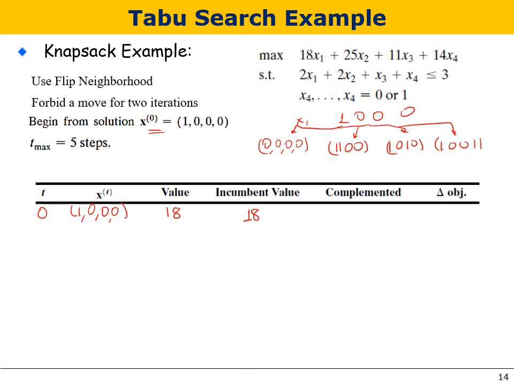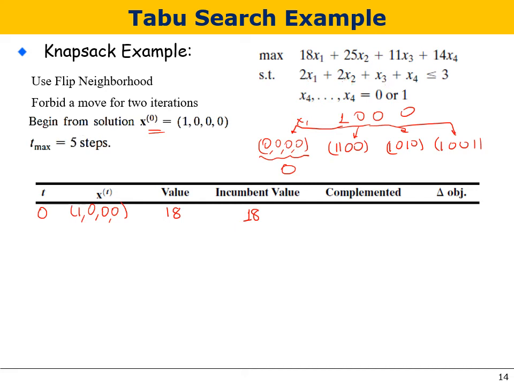So I need to calculate their objective function values. For this one, first of all, it is feasible because it satisfies the constraint: 0, 0, 0, 0, so less than or equal to 3. And when you put it in the objective function, you will get 0.